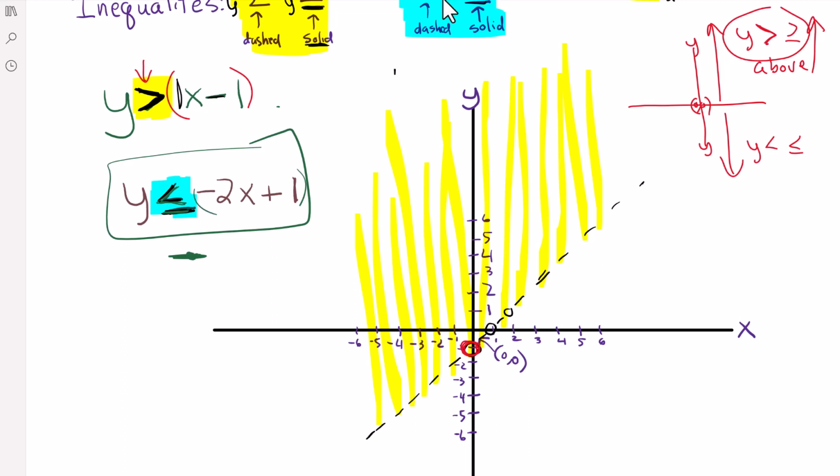You're going to shade for all the values less than that expression. So we're going to put a solid dot at +1, then that slope is -2, so now we're going to go down 2 over 1, and then down 2 over 1. Now I'm going to go up 2, back 1.